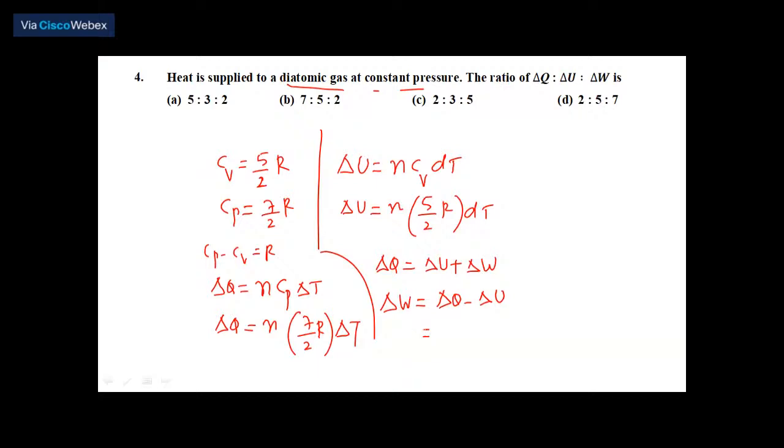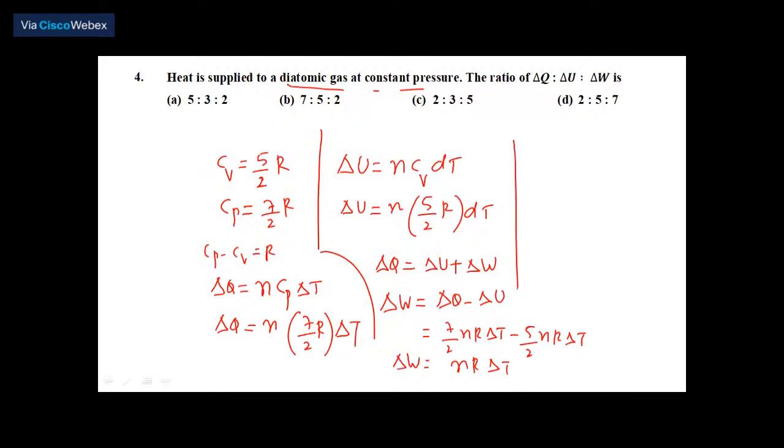What do you get? You take the difference, 7 by 2 NR delta T minus 5 by 2 NR delta T. This is equal to how much? NR delta T by 2 common, 7 minus 5, 2 and 2 get cancelled. We get NR delta T for delta W.